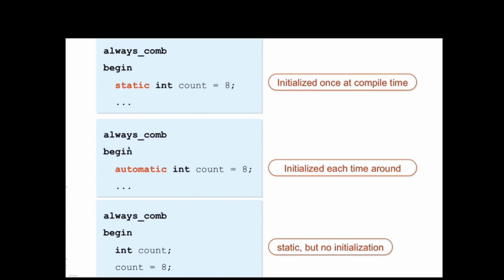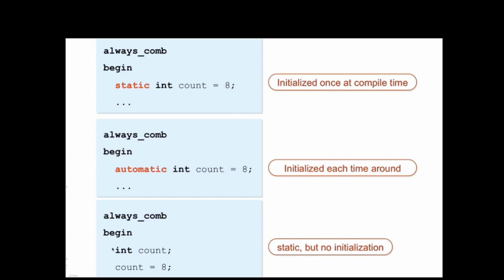Then the second one here is where we've declared count to be an automatic variable, which means that every time the always block starts up again, the variable count will get initialized to the value 8. Then we can modify it as necessary later in the always block, but once it comes back around again, it'll get initialized to 8.